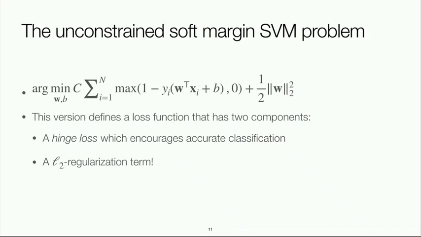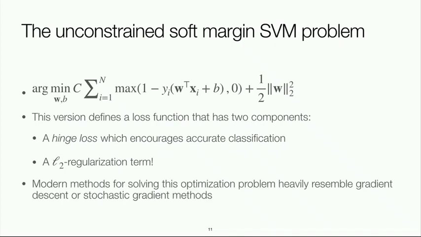One last thing that's quite nice: I said before that constrained optimization problems like quadratic programs can be solved, and there are pretty good solvers for them. But it's nice to move to an unconstrained problem where you don't have to worry about the constraints being satisfied, and there's a much wider set of methods, like iterative, gradient-based optimization, that we can use. Modern methods for solving soft margin SVM problems usually use this unconstrained form and methods that resemble what we've talked about before, like gradient descent or stochastic gradients.